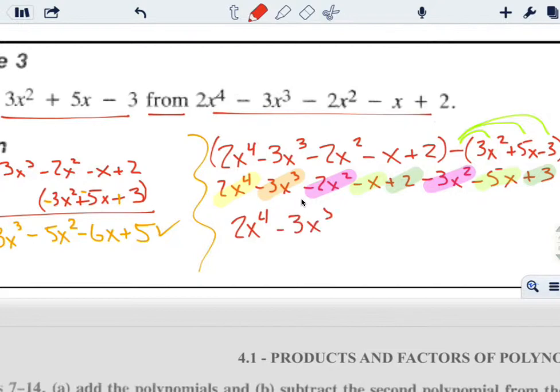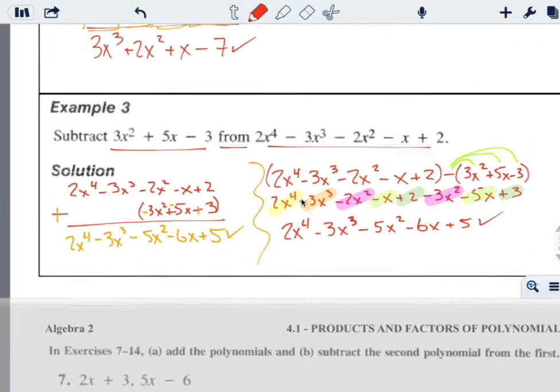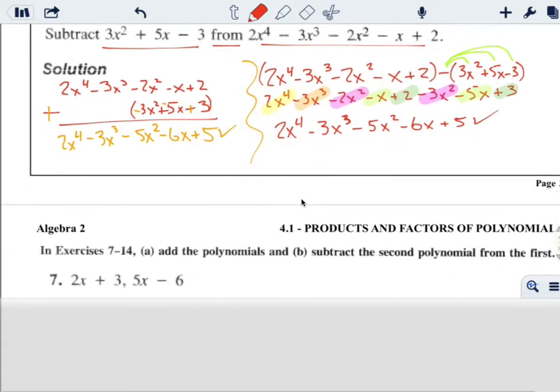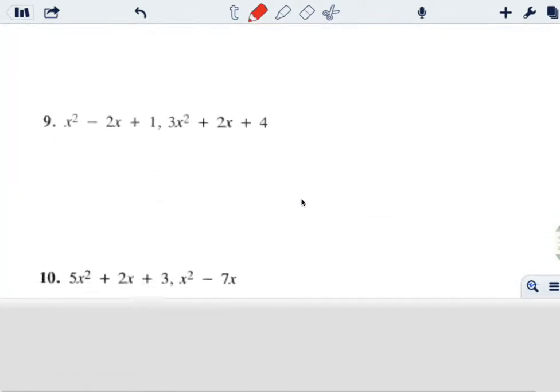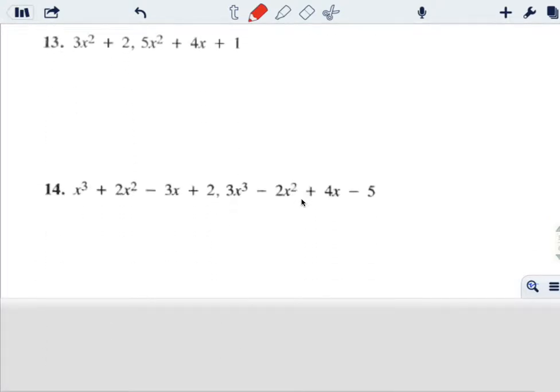The negative 2x squared, negative 3x squared is negative 5x squared. Negative x, negative 5x is negative 6x. 2 plus 3 is 5. There's your answer for that one. I got the same thing in both of them. That's good. I should. Alright, and those are add, subtract.